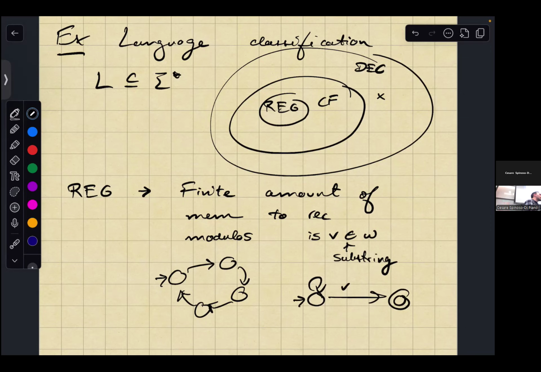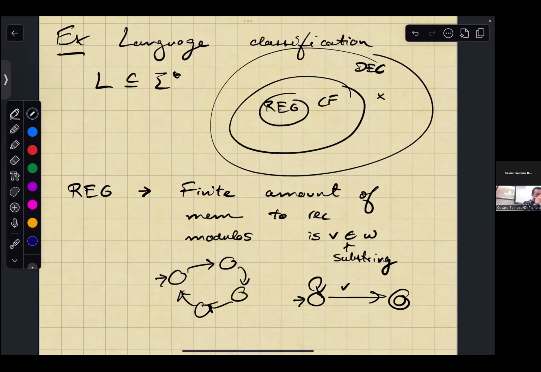But V, the string, is finite. We're always assuming that strings are finite. So then you only need a finite number of states, okay? So things like this typically are regular, right? Because you can create closed finite state transition diagrams for them, okay?